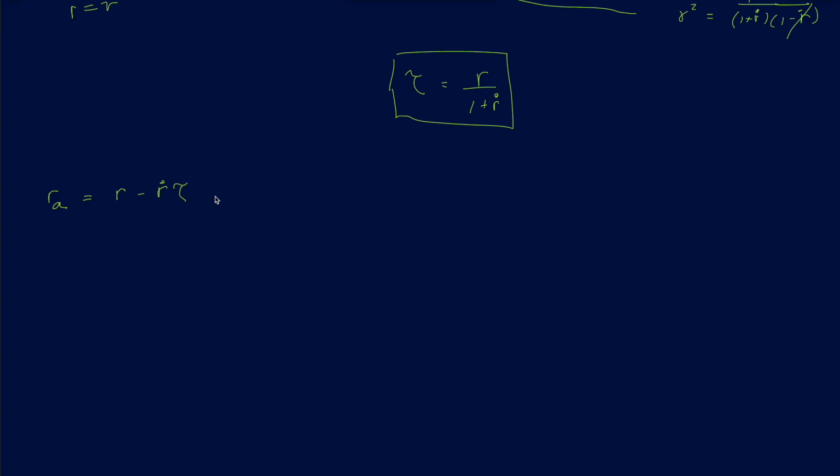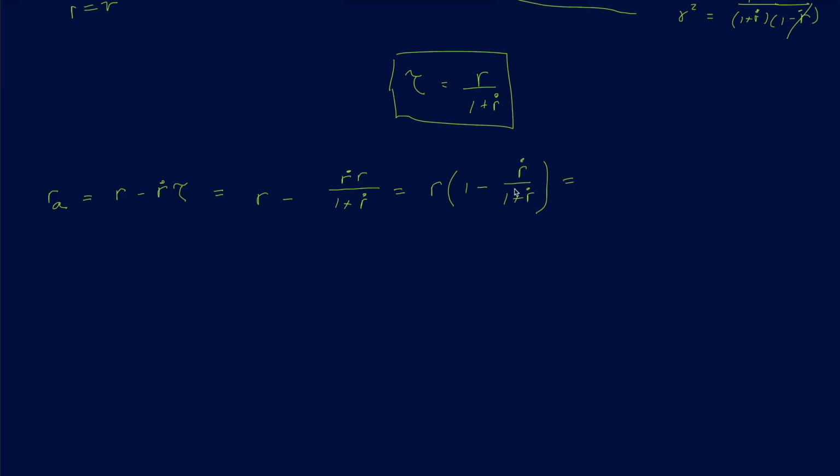Okay? So this gives us r minus r dot r over 1 plus r dot. And then we can put the r out front, and we get 1 minus r dot over 1 plus r dot.